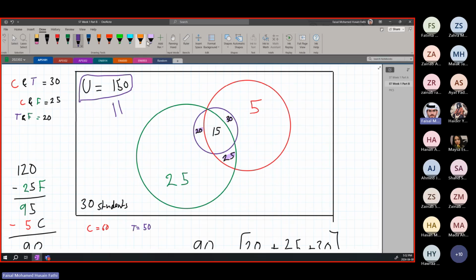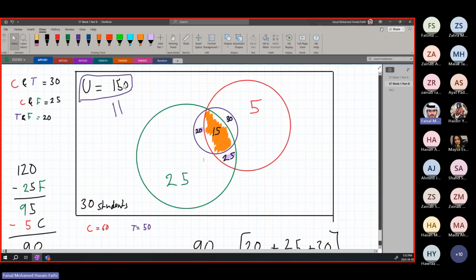So what we did is we did the reverse engineering of it. We went the opposite way. We wanted to find the shaded area. We did 150, the total, minus the 30 students. So let me write that as well.